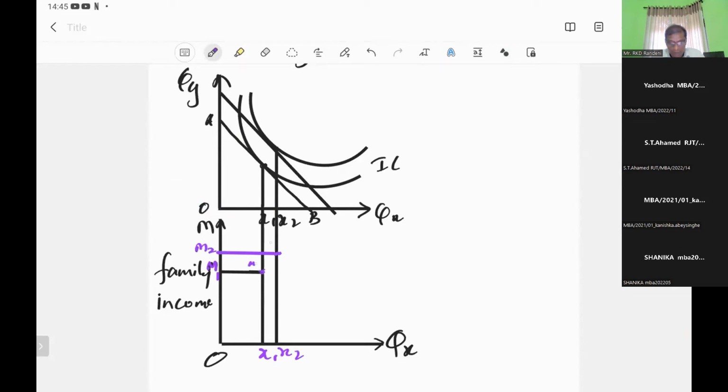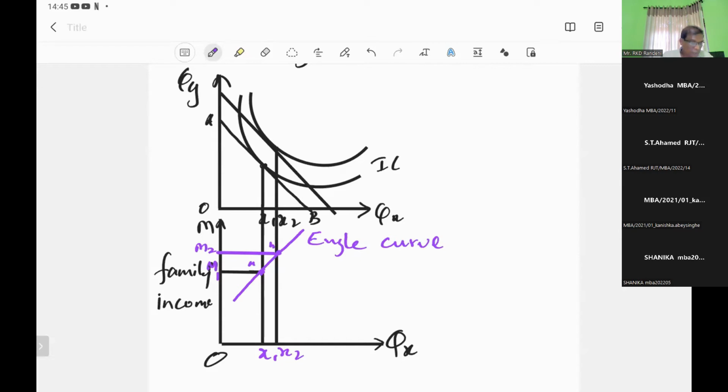Point A, B. Then you can use these 2 points A and B and join like this, and that is called the Engel curve. Engel curve.